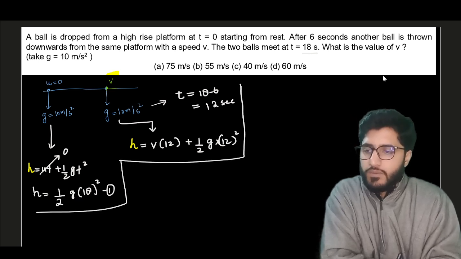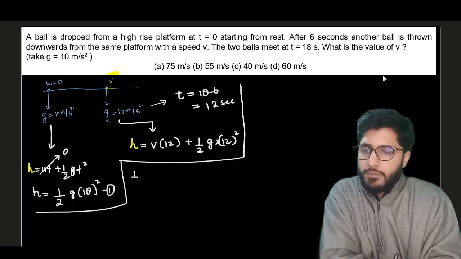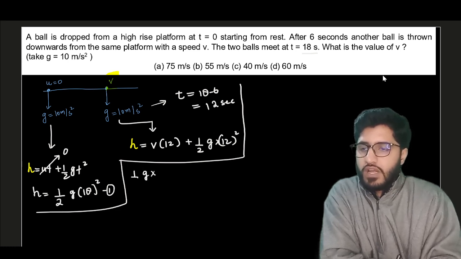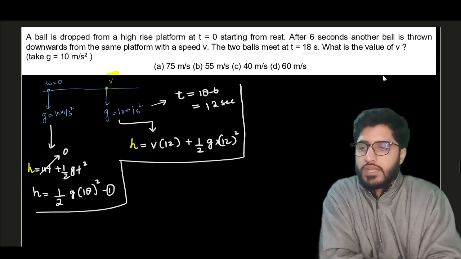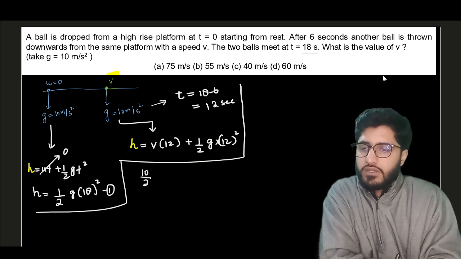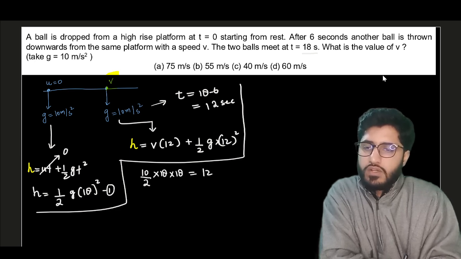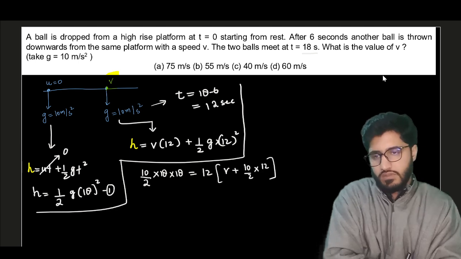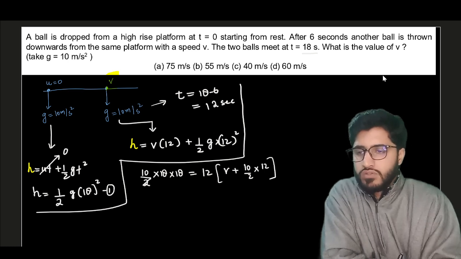So I will equate these two equations. I will write 1 by 2 g multiplied by 18 square, and just put all the values now. So it came out to be 10 divided by 2 into 18 square equals, I will take 12 common, so 12 times v plus 10 by 2 multiplied by 12. So 2 fives are 10.